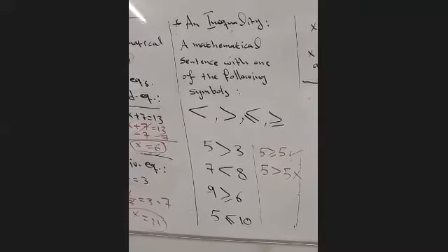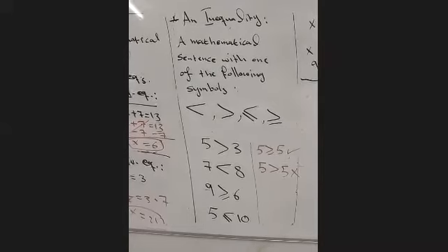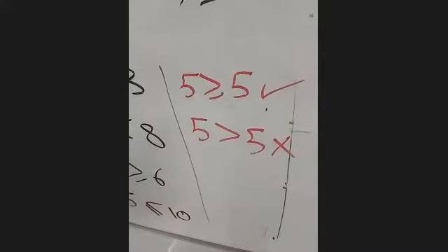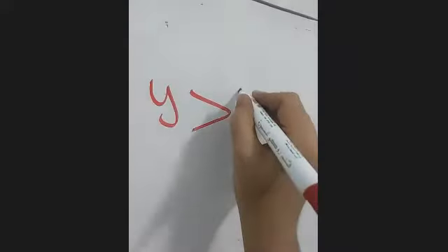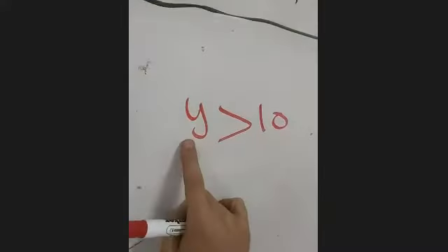I didn't understand the less than or equal and more than or equal. Look, let me make it make sense. When I say y more than 10, all of you focus here. Y more than 10.